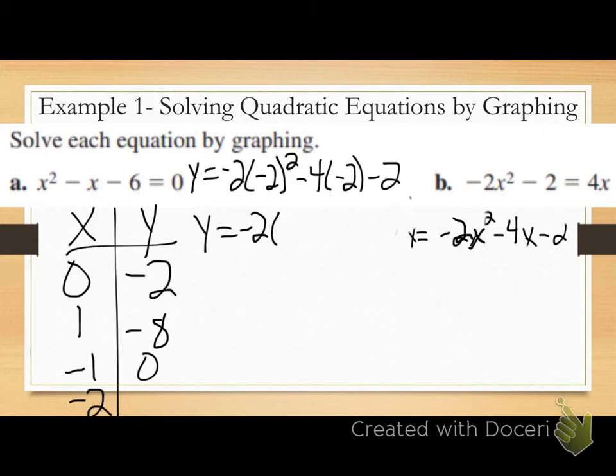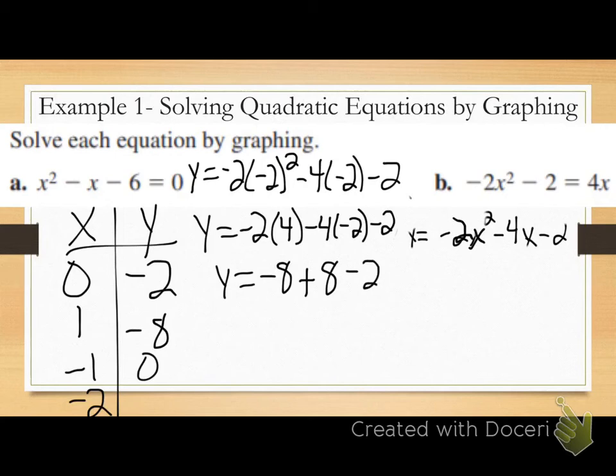Negative 2 squared is positive 4. Negative 2 times 4 is negative 8. Negative 4 times negative 2 is positive 8. Negative 8 plus 8 is 0. 0 minus 2 is negative 2. So I get negative 2, negative 2.